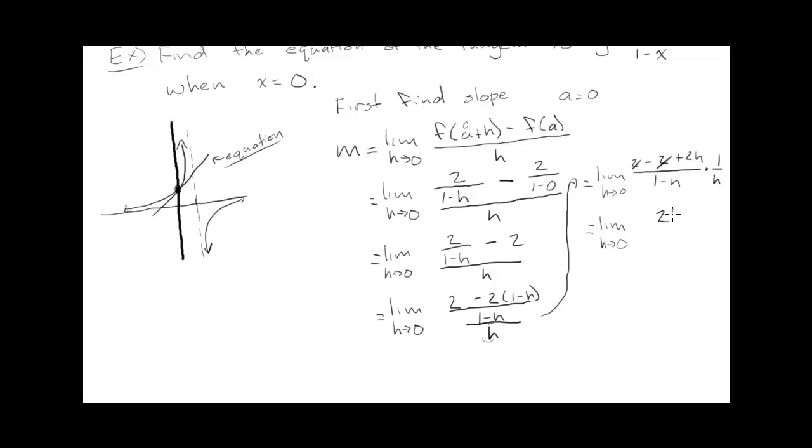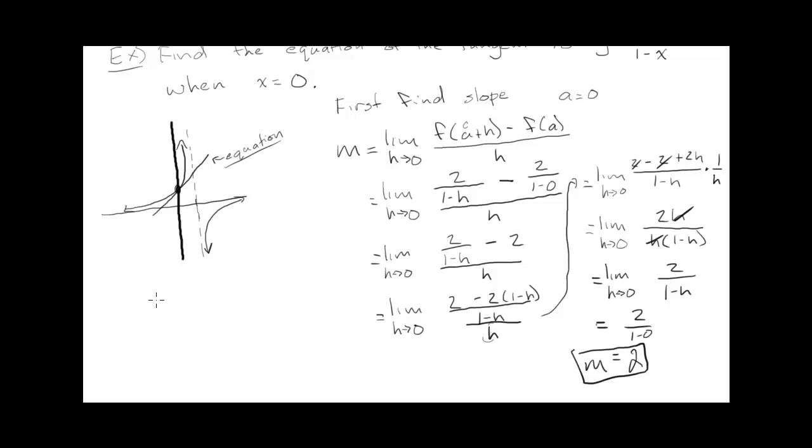So we've got 2h all over h times 1 minus h. These h's go away. So 2 over 1 minus h, and now notice direct substitution will work. So you get 2 over 1 minus 0, which is 2.